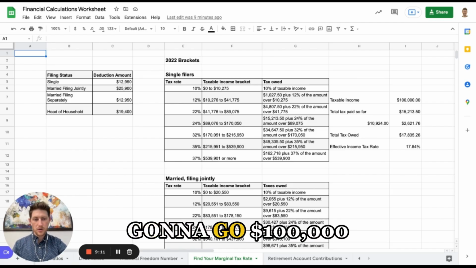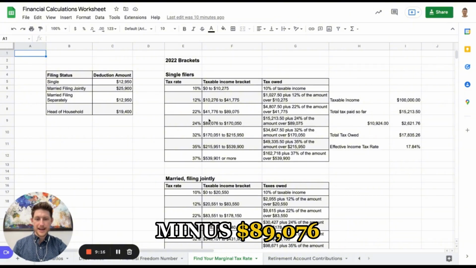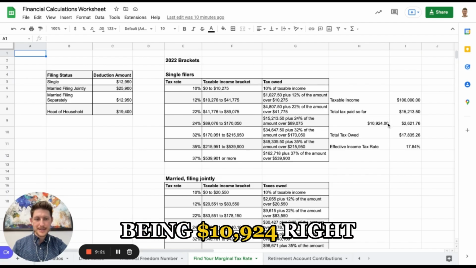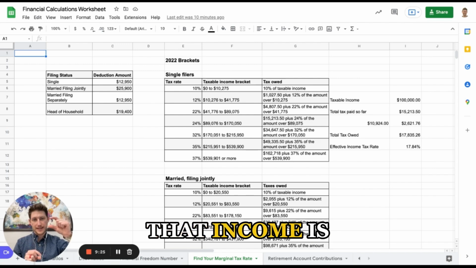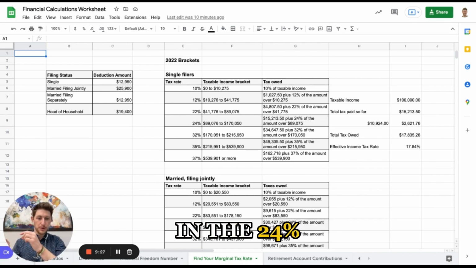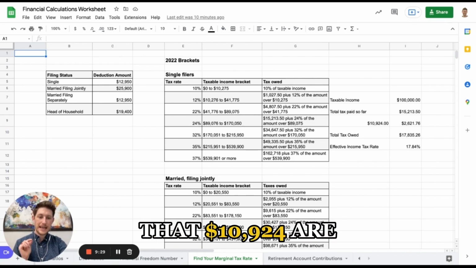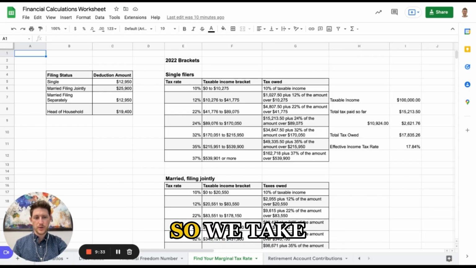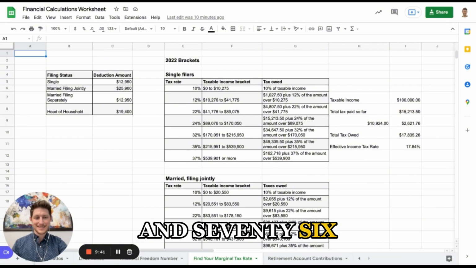Then we're going to go $100,000 minus $89,076. That ends up being $10,924, right? We're just trying to find out how much of that income is in the 24% bracket. It turns out that $10,924 is in that 24% bracket. So we take that times 24%, which is $2,621.76.